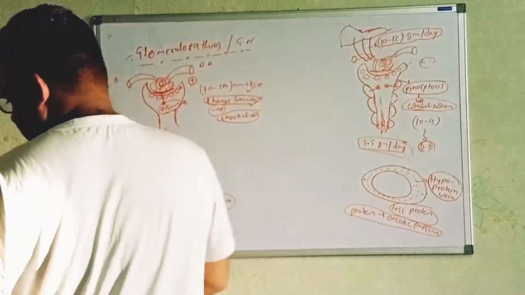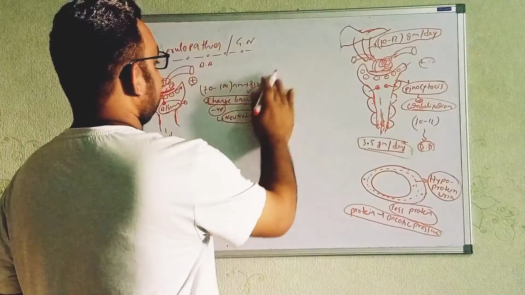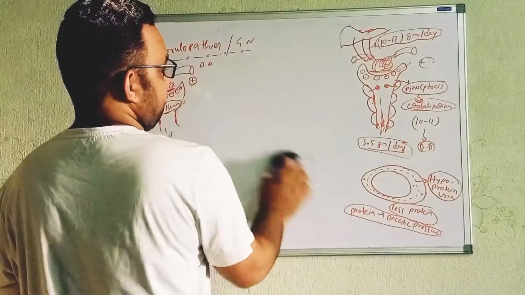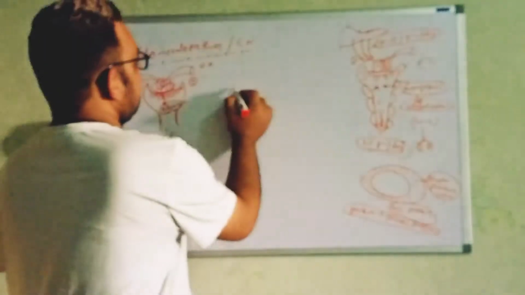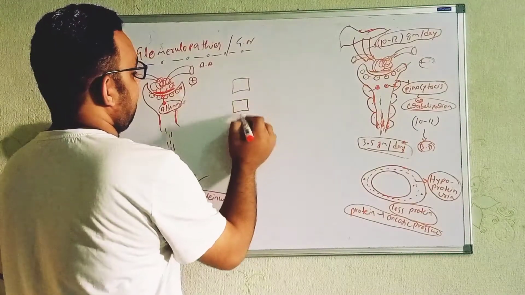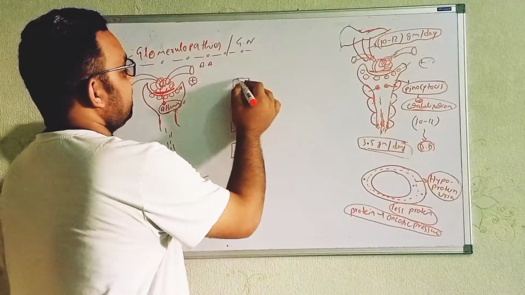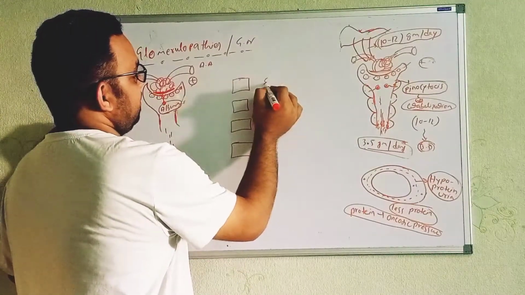Normally what we see, let's suppose these are the cells, and from the cells we see the extracellular regions, for example.